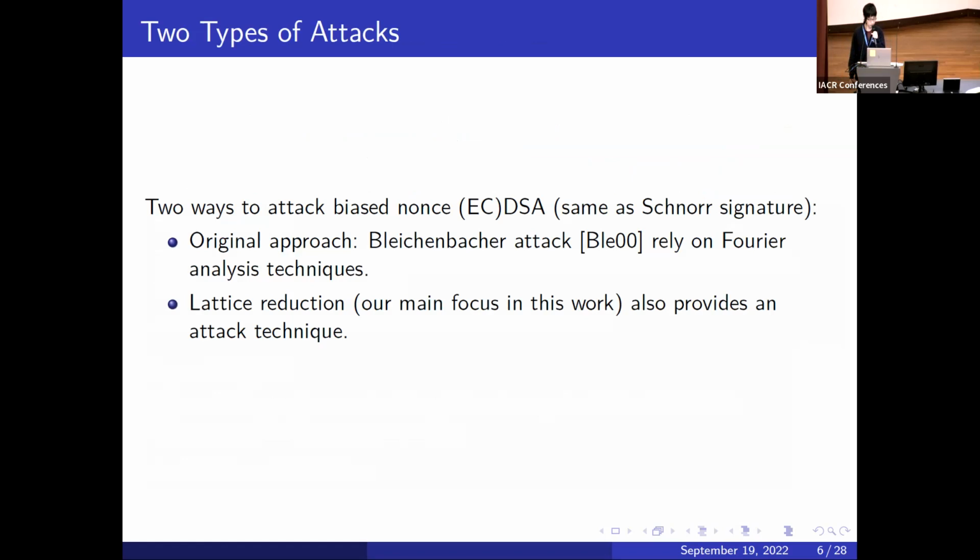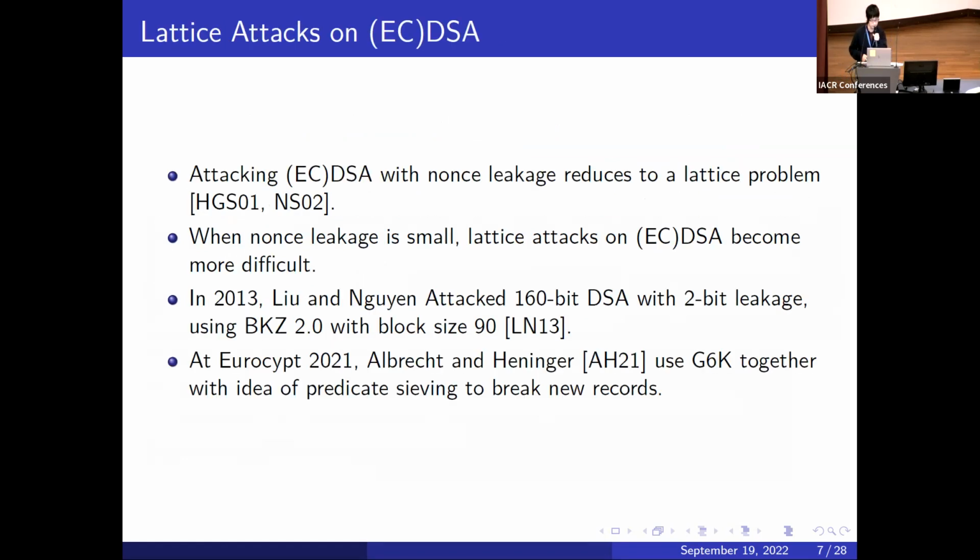Generally, there are two ways to attack biased-nonce ECDSA, which is just a variant of the Schnorr signature. The original approach is the Bleichenbacher attack, which relies on Fourier analysis techniques. And lattice reduction also provides an attack technique, which is our main focus in this work.